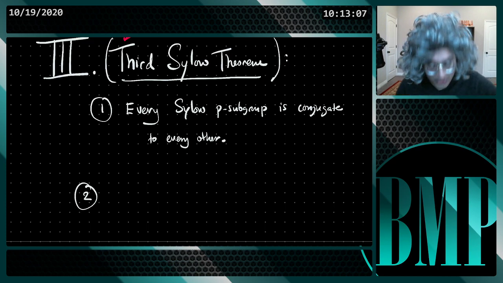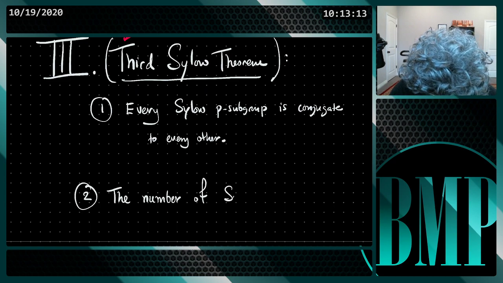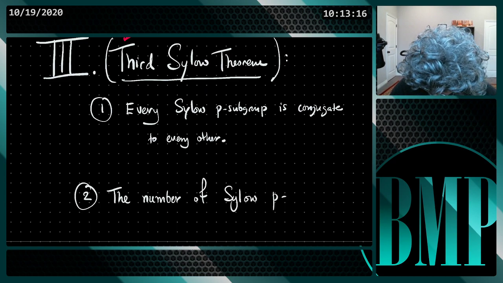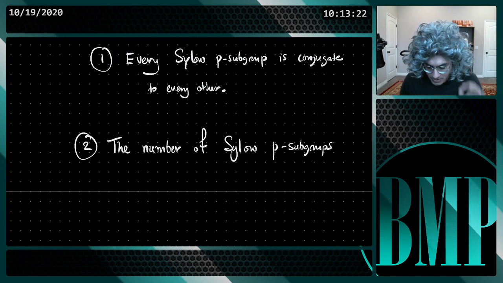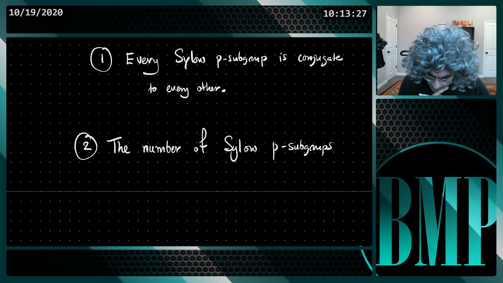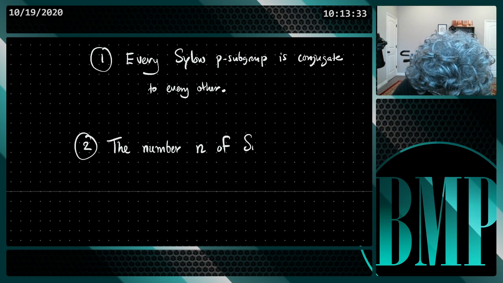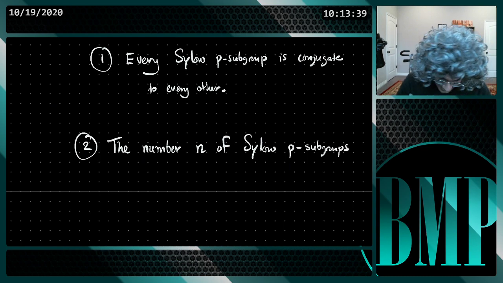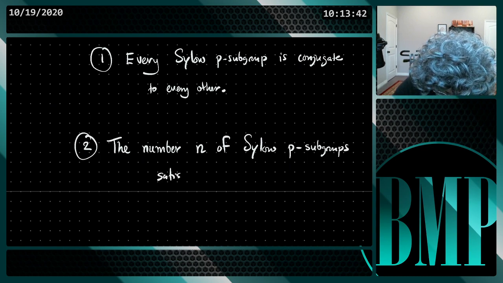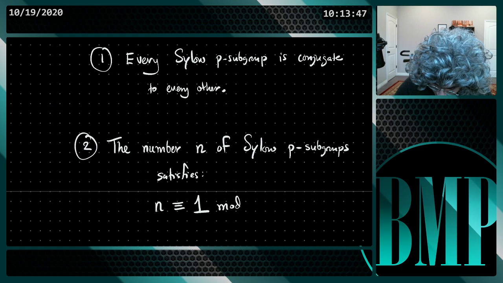2. The number of Sylow P subgroups, let's call that number n, satisfies: n is congruent to 1 mod that prime.